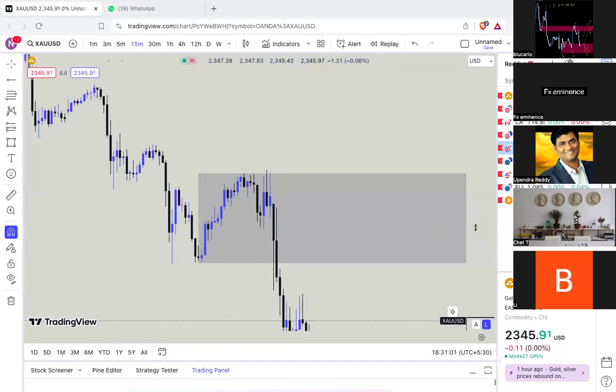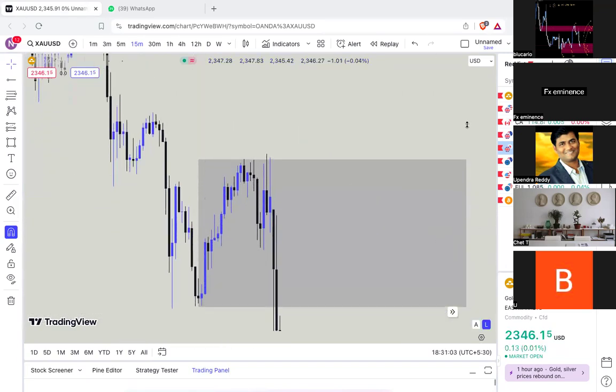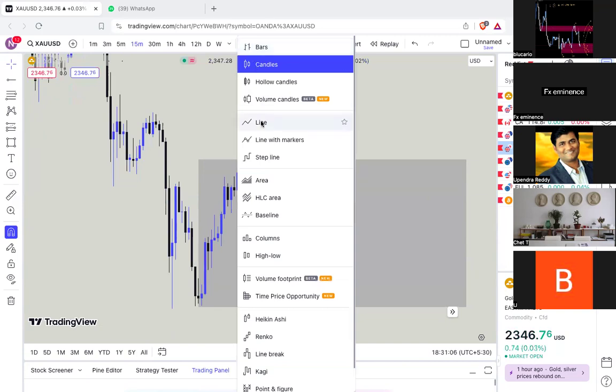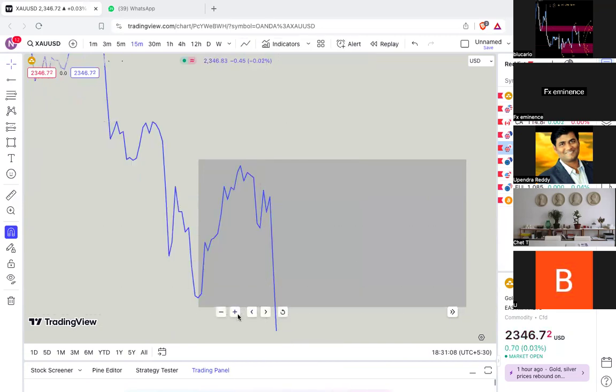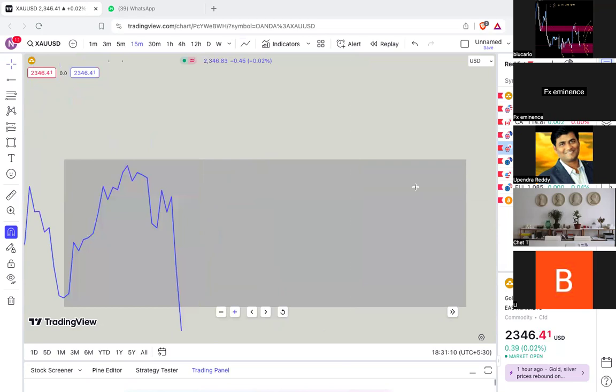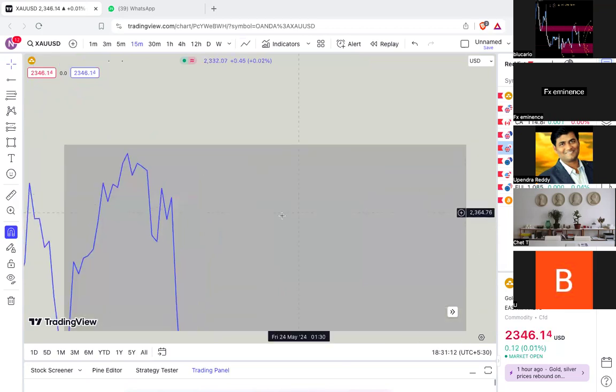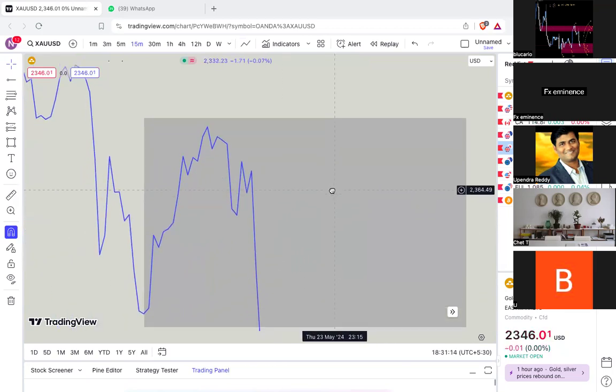The beginning of the chart. Go to line chart. Find the support and resistance. Sometimes you will get two key levels on a single zone.